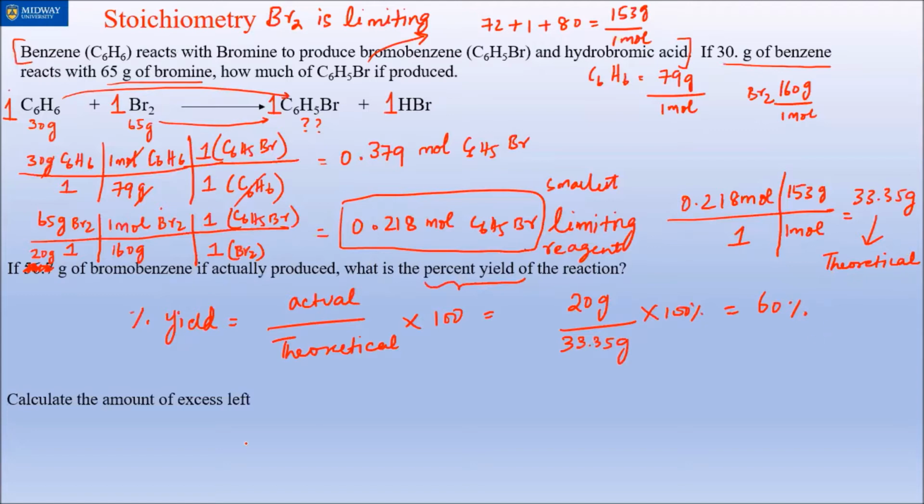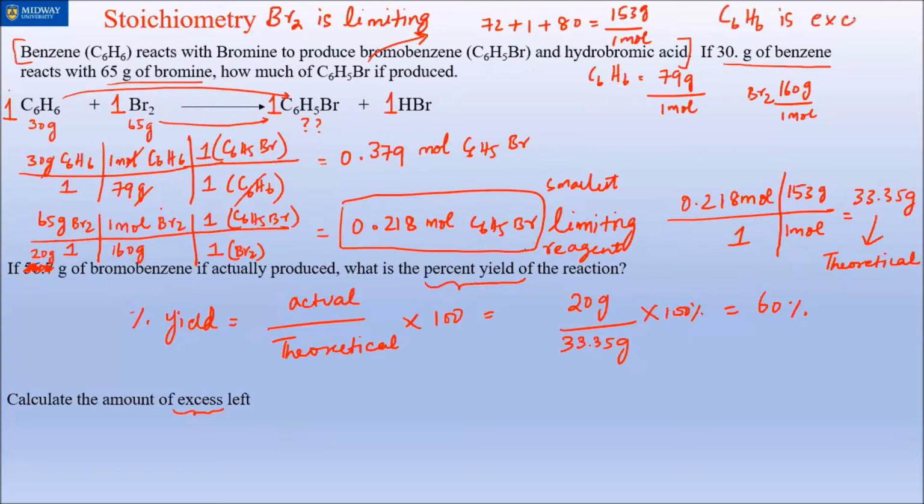Now, the last term that you want to know is to calculate the amount of excess left. So this is the excess, right? In other words, your benzene is your excess. So C6H6 is excess.